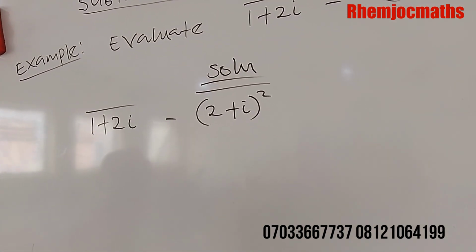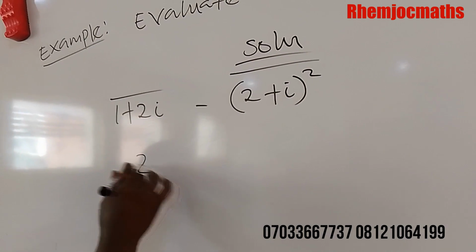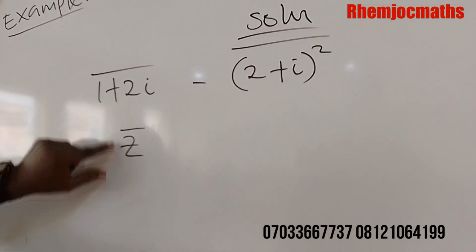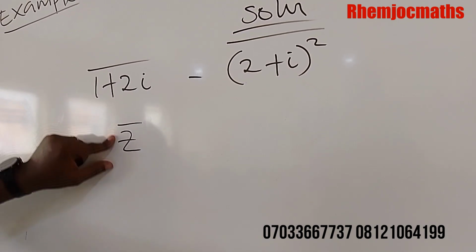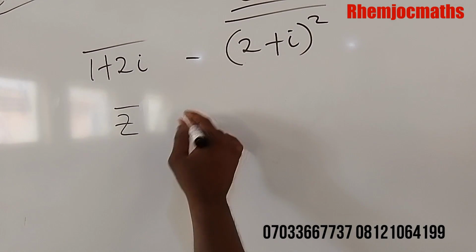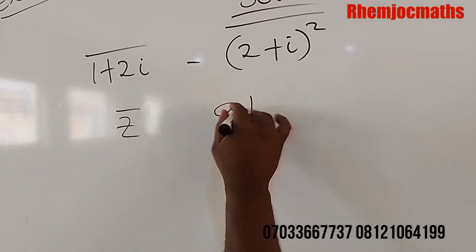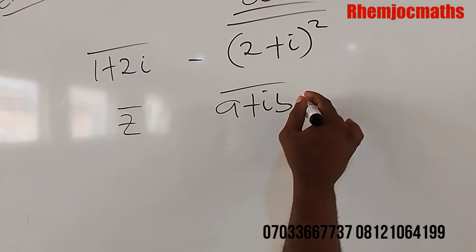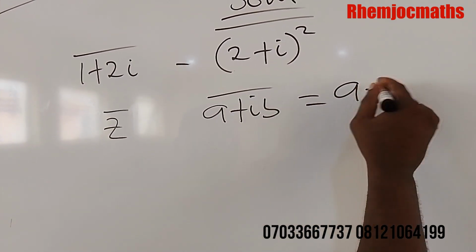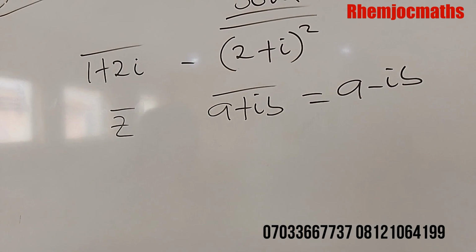Since we are dealing with complex numbers, Z conjugate is denoted this way. So if we are to conjugate a plus ib, this is equal to a minus ib. Why?